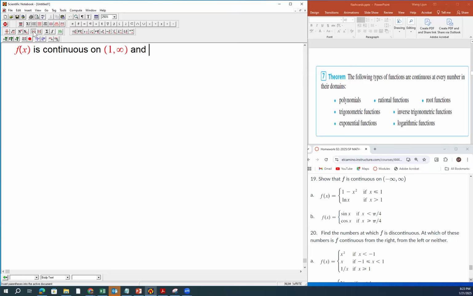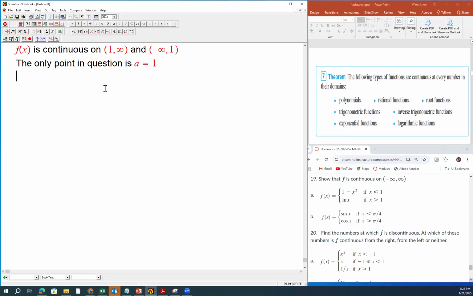And the other interval is from negative infinity to positive 1, which is a polynomial. A polynomial is continuous everywhere. So the only point in question is 1.